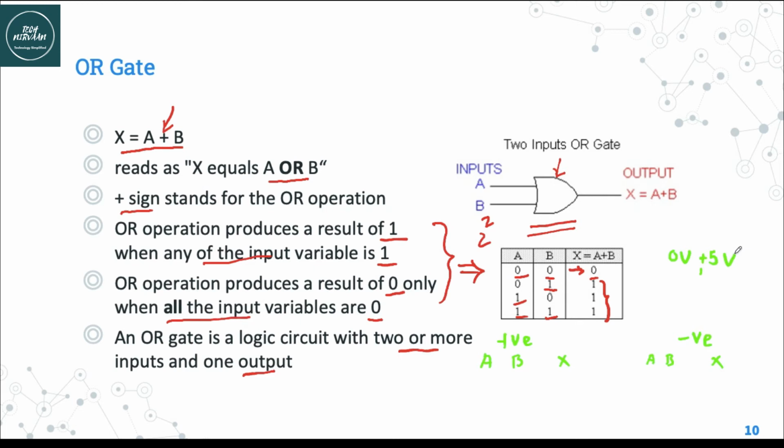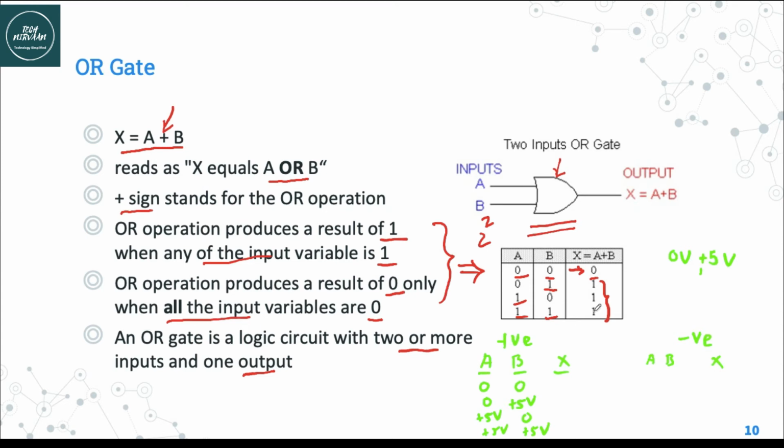Okay. So in case of positive logic system, what will happen? 0 means 0 volt, 0 means 0 volt, 0 volt, plus 5 volt, plus 5 volt, 0 volt, plus 5 volt and plus 5 volt.